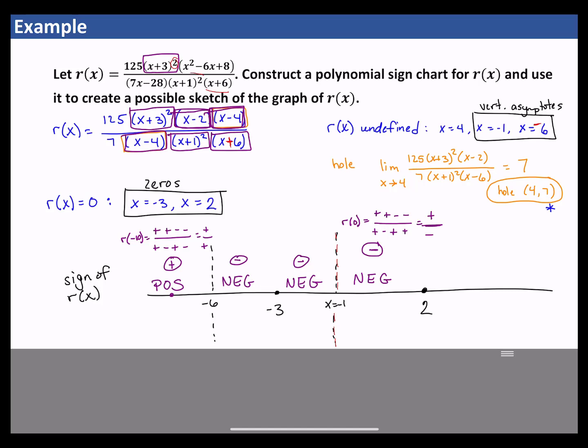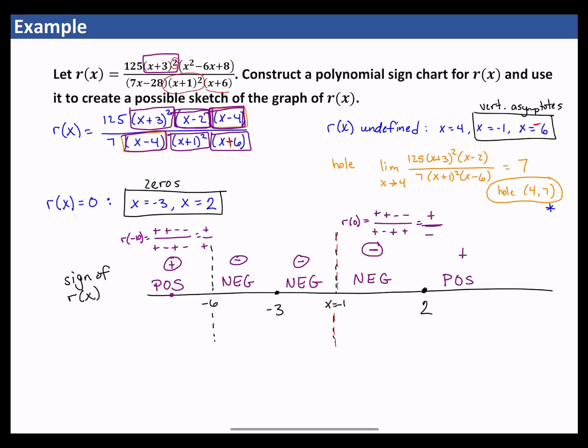And that also comes from the fact that this factor in the denominator, x plus 1 squared, also had multiplicity 2. And so moving on, anything greater than 2, if you were to analyze the signs, you would see that the sign of r of x is positive, which means a possible graph for this function.